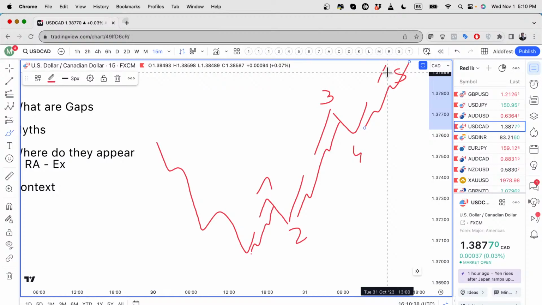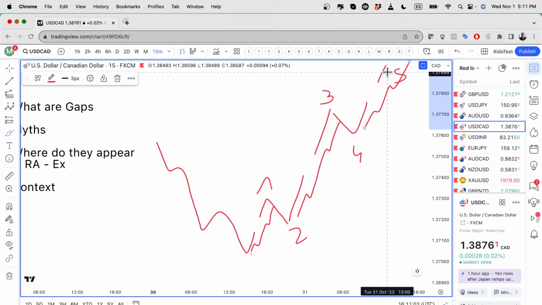That explains why not all the gaps are filled. I know it sounds like I'm saying something completely against what the mainstream says. Every trader knows that gaps are always filled. Well, they aren't.